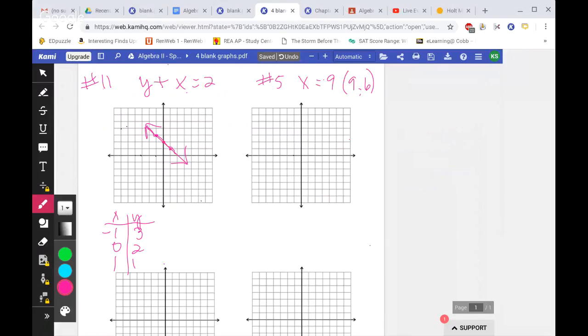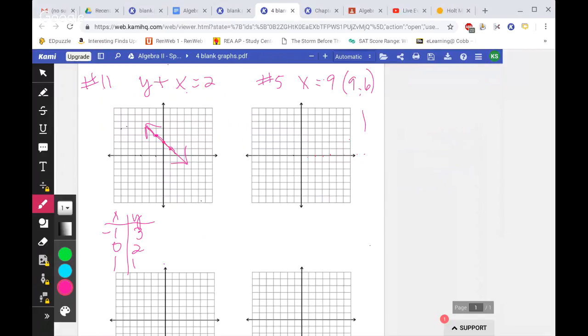It's a vertical line. Do you remember that part? Yeah. Okay. So that means this is going to be a vertical line at the point of 9. 1, 2, 3, 4, 5, 6, 7, 8, 9. It's all the way over here.